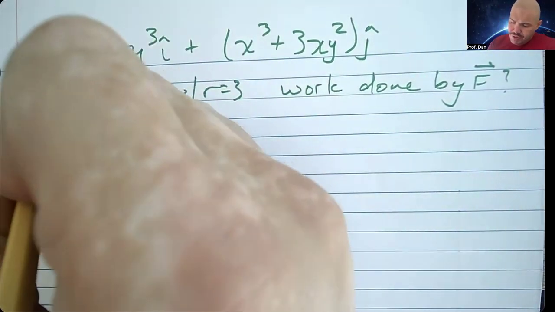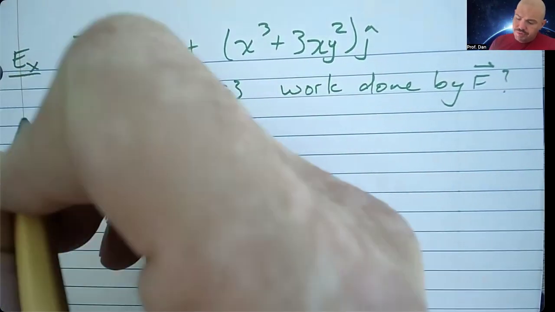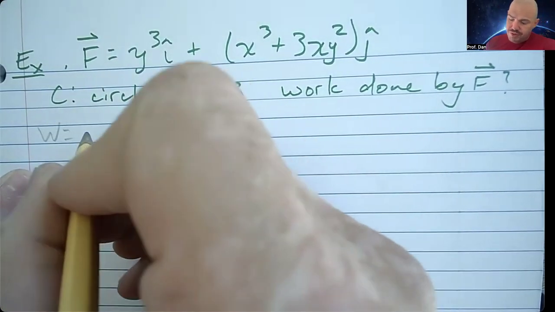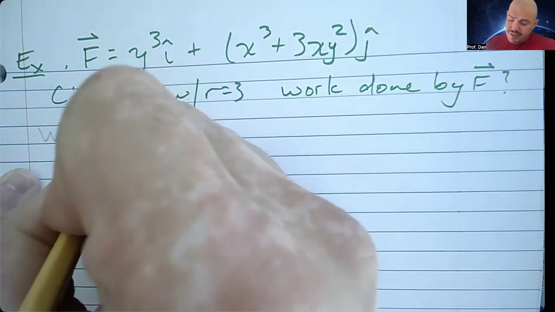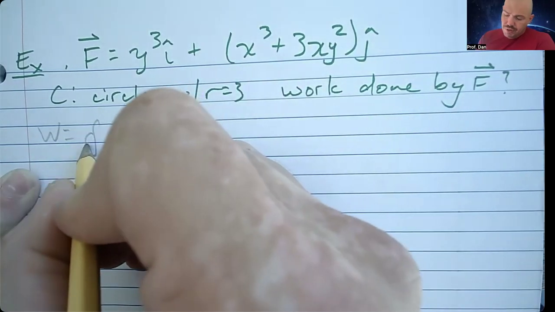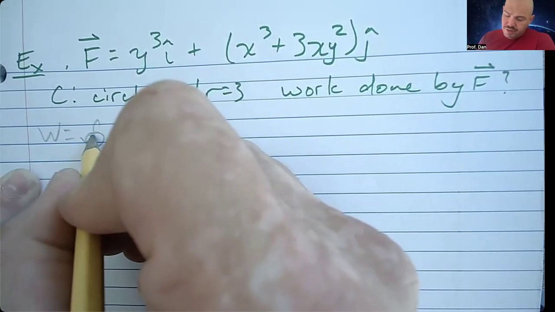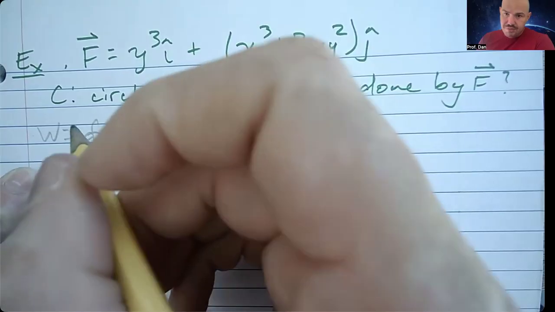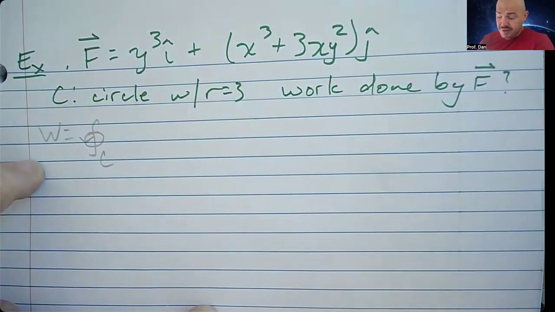So essentially, if I wanted to figure out the work done by this force, I could set up a path integral over the path C. We're going to be moving around a circle in a counterclockwise direction, right? Because we need Green's theorem to work.